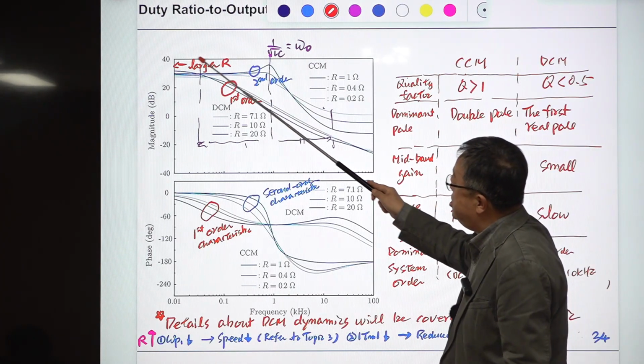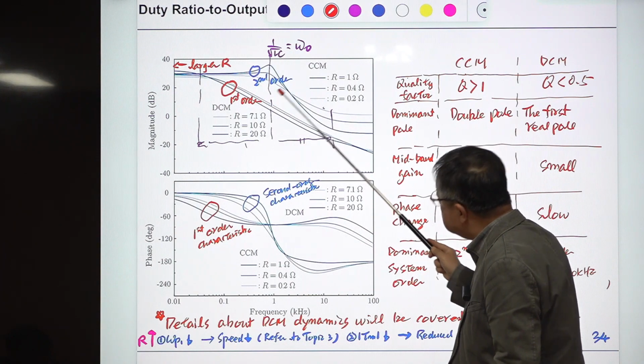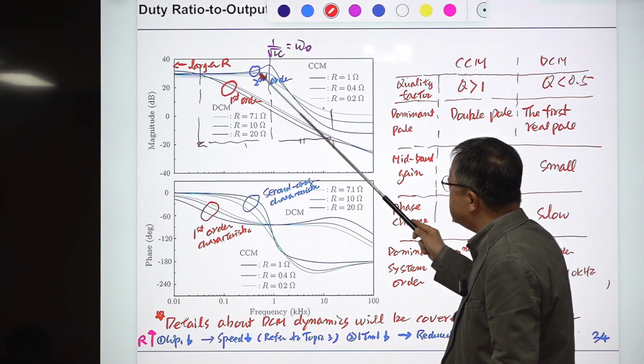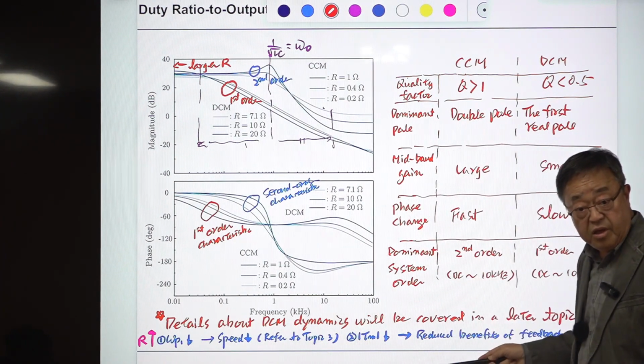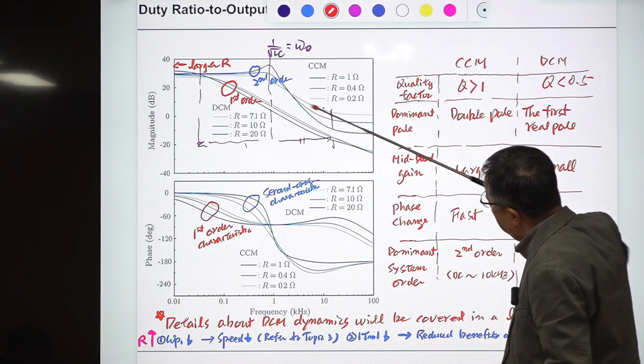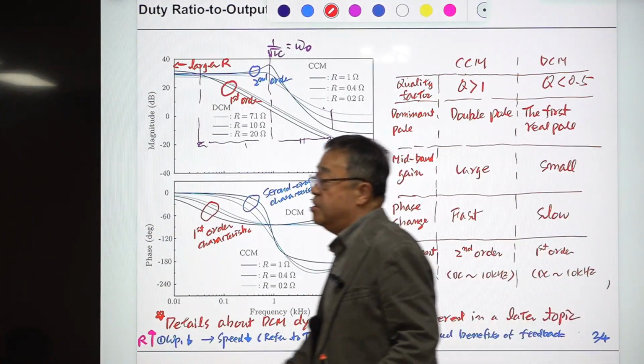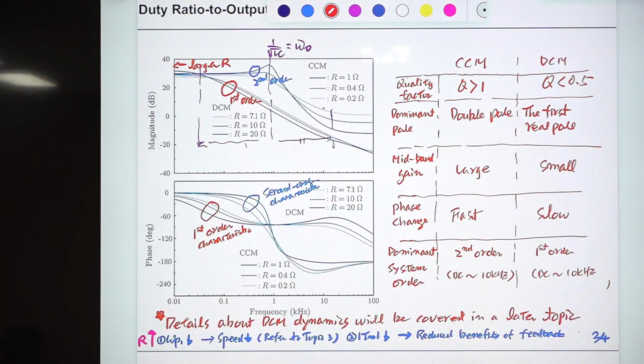In DCM, the response is very slow. CCM is fast, but it is second order, so it can be oscillatory. In DCM there is no oscillation, it is an exponential type response, but the response is very slow.